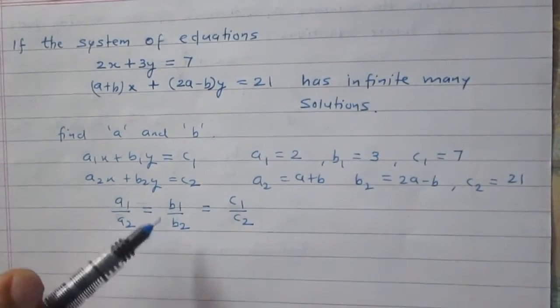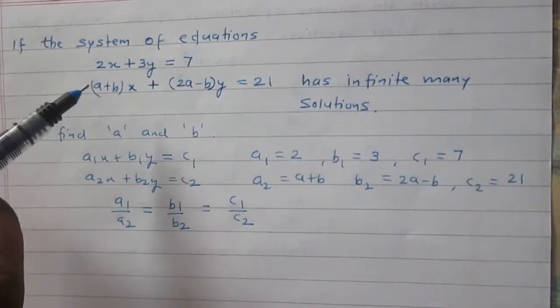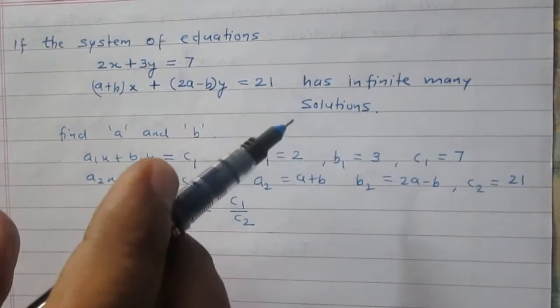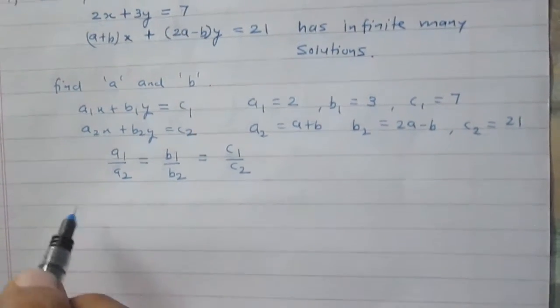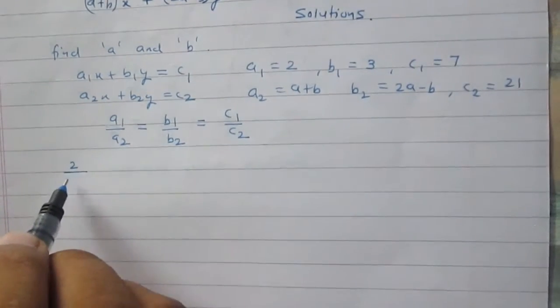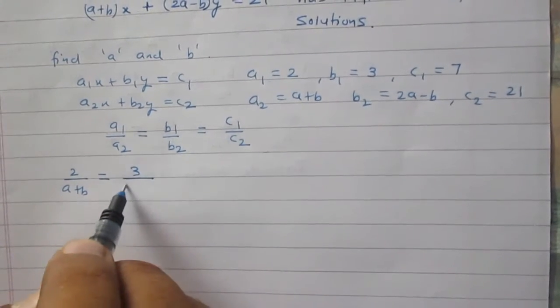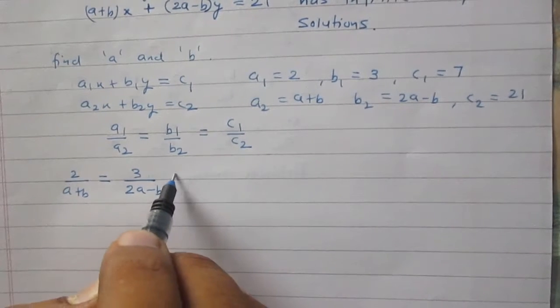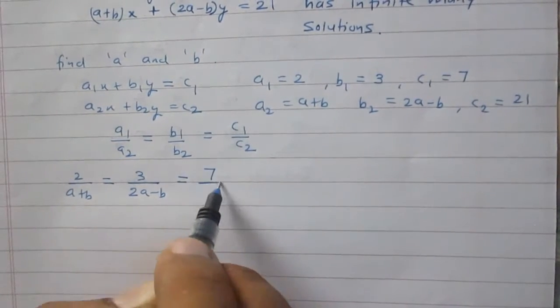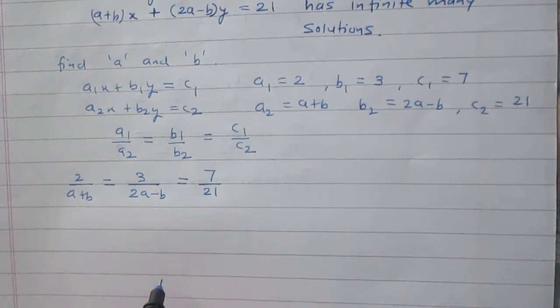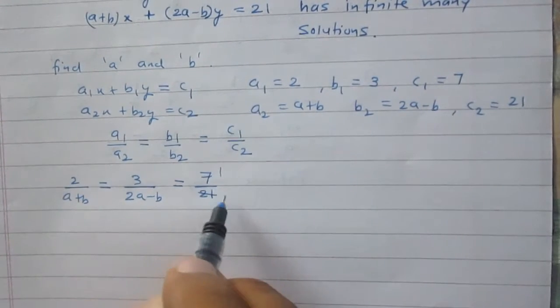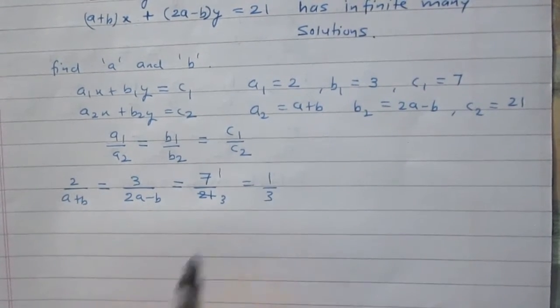Applying this condition on the given pair, we can say that 2 upon a plus b must be equal to 3 upon 2a minus b must be equal to 7 upon 21. 7 upon 21 can be written as 1 by 3.